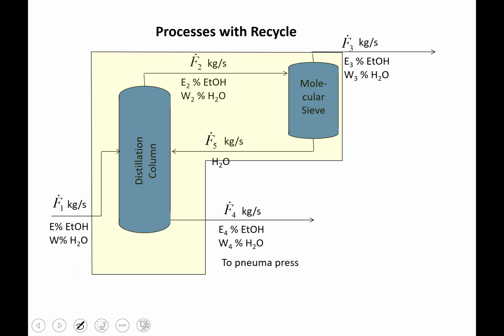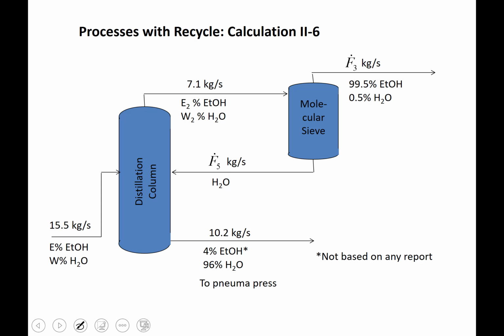If we do the overall balance, then we do not have the recycle stream as part of our balance calculation. We only have F1, F3, and F4. So let's do a calculation.